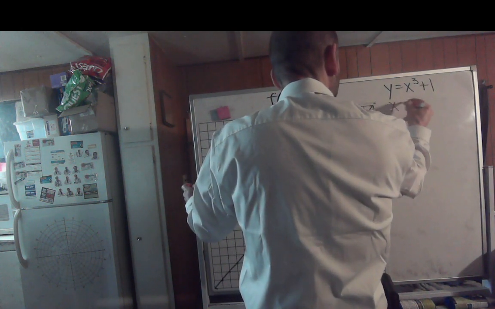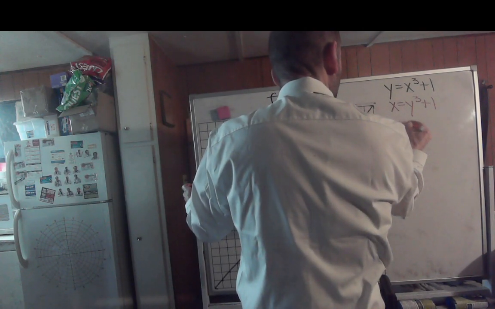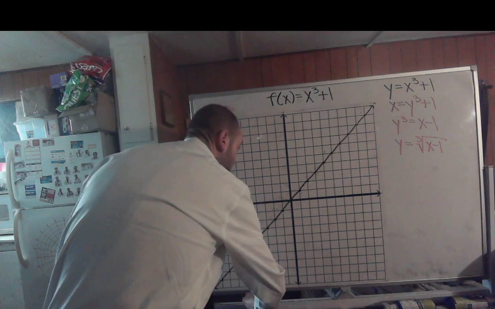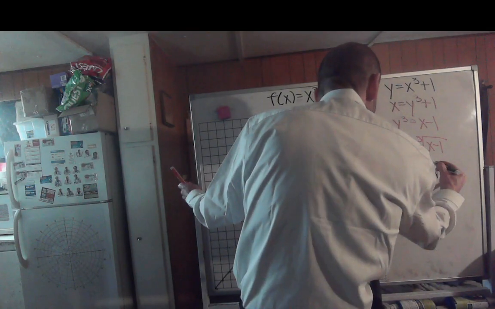So x would equal y to the third plus 1, which would mean y to the third equals x minus 1. So y would equal the cube root of x minus 1. So therefore your inverse function, f inverse of x, is going to end up being the cube root of x minus 1.